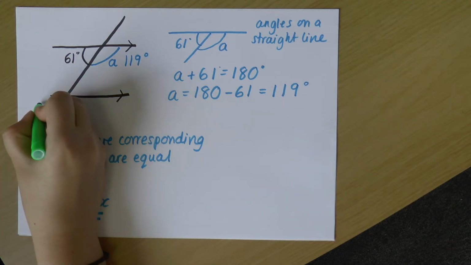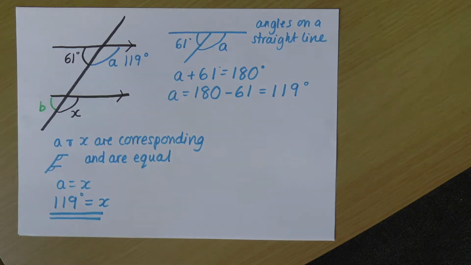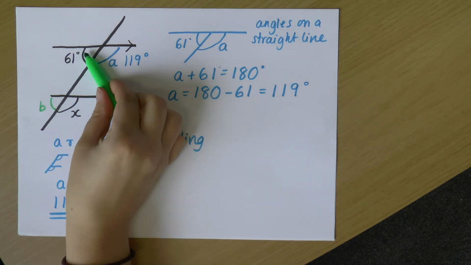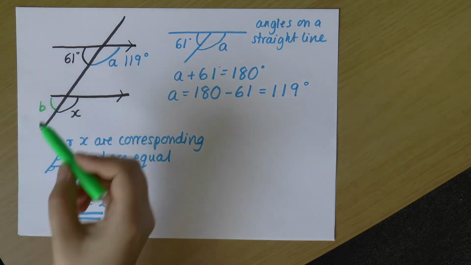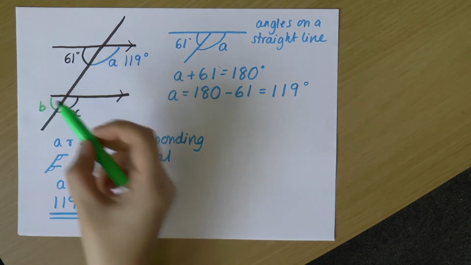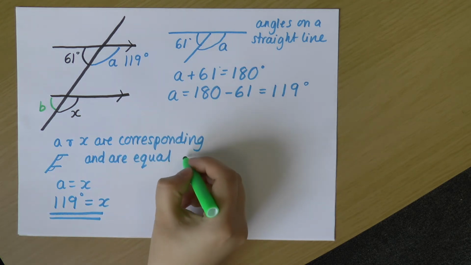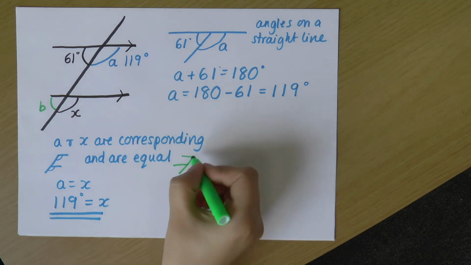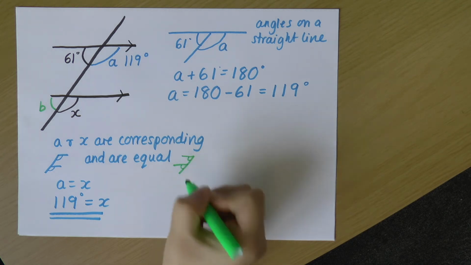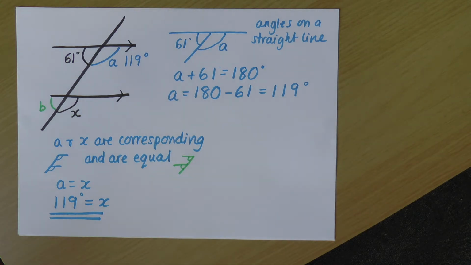So I'm going to call this angle B. So I've got angles 61 and B, and as you can see these are also corresponding angles. So this time I've still got my F, but it's backwards, and that's absolutely fine. So I've got those two angles there, and so my reasoning is the same.